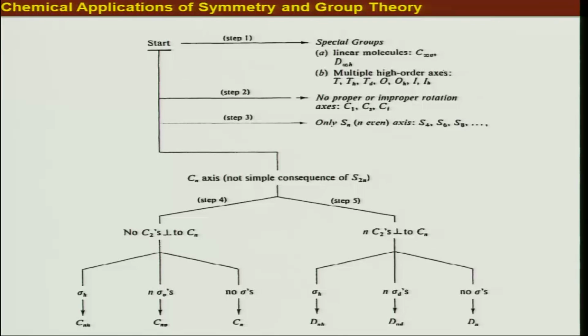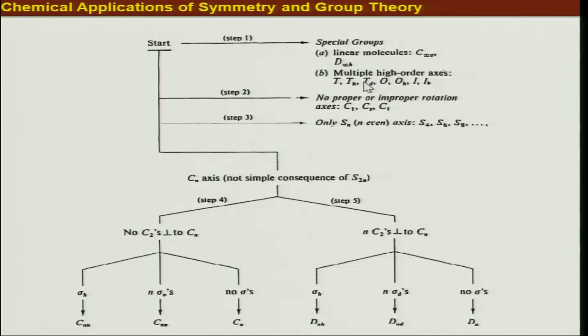Take methane: it has 4 CH bonds, and along each CH bond you have one C3. So ultimately you have 4 C3s for CH4, and CH4 has a tetrahedral structure, and the point group is a tetrahedral point group, known as Td. Many of you have come across this term Td, but probably did not realize what that Td means.